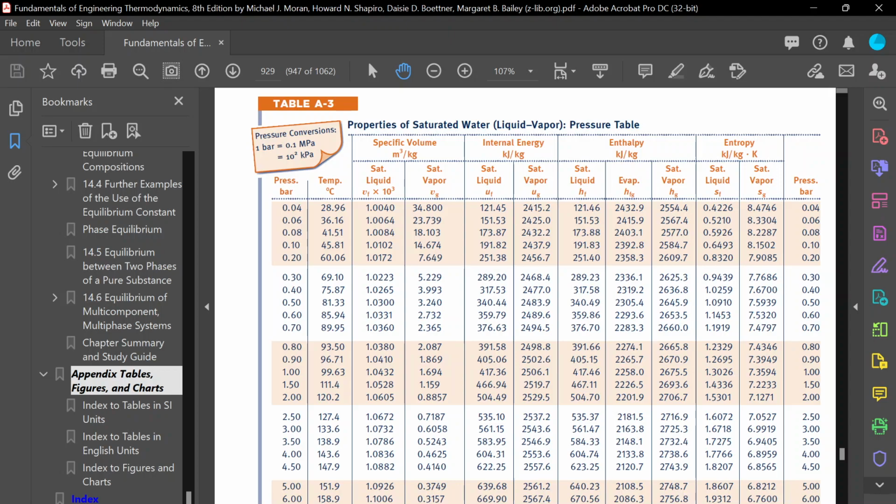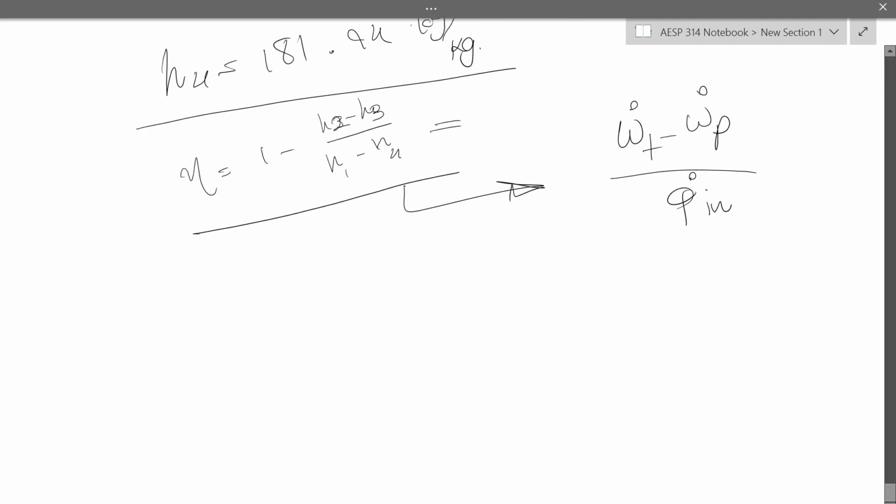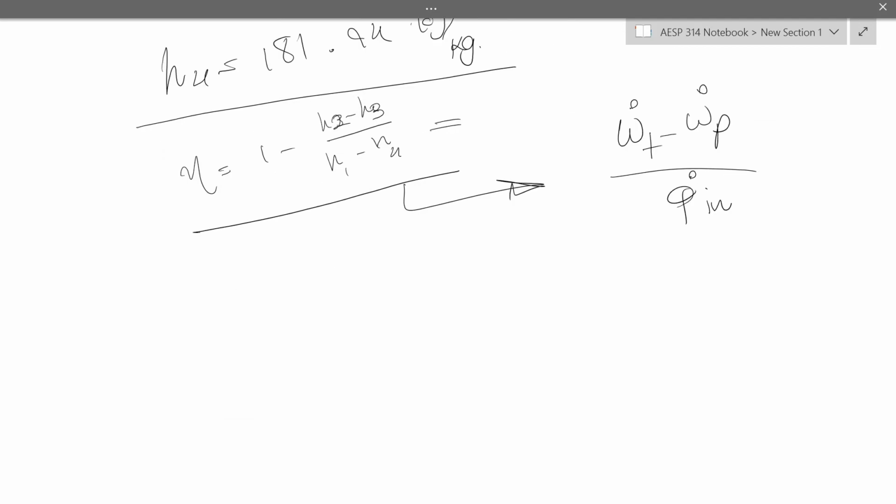If you don't have H2, it is 1794.8. So we have all the parameters, and we only want to find the efficiency. Whoever gives me the correct value first will get a bonus point. And it's just a division and subtraction, yeah?